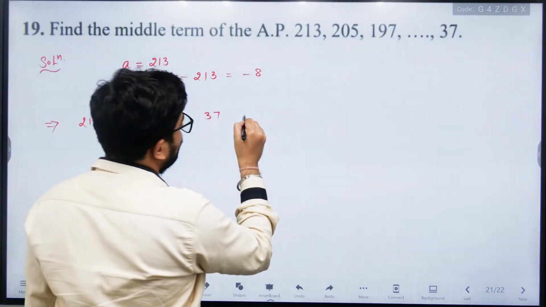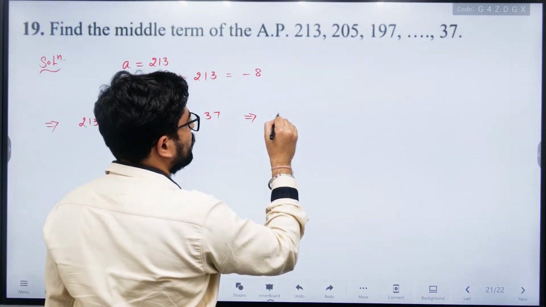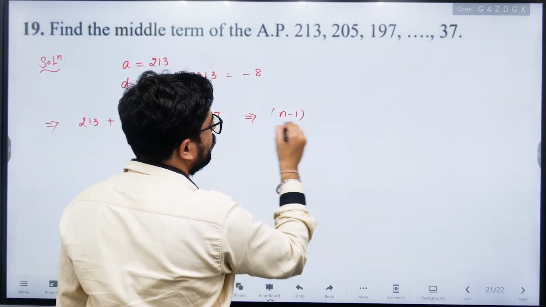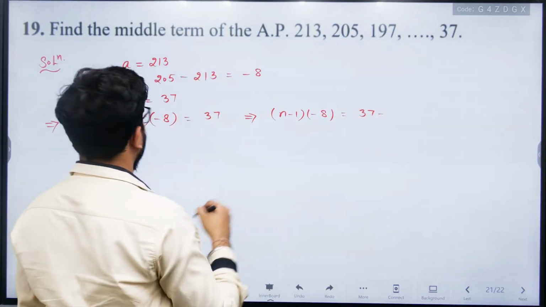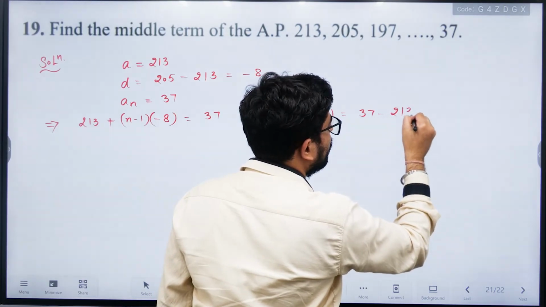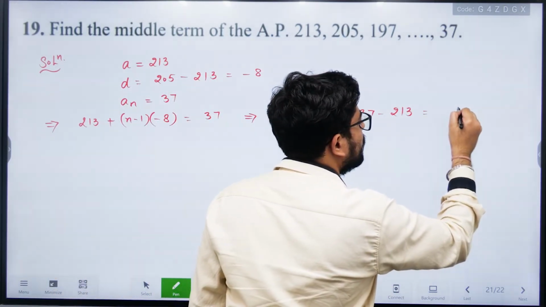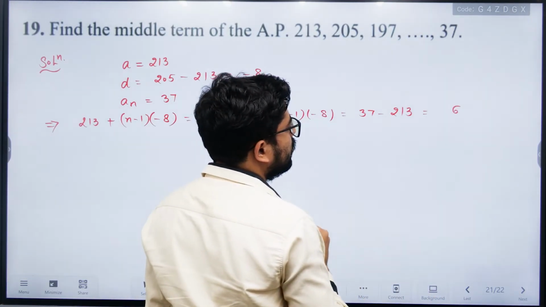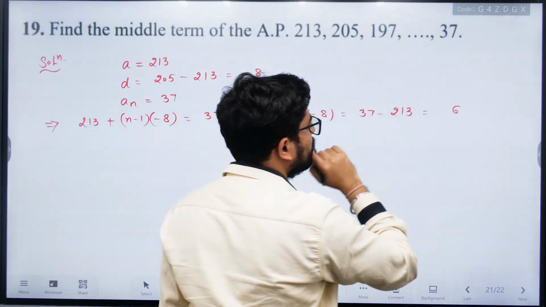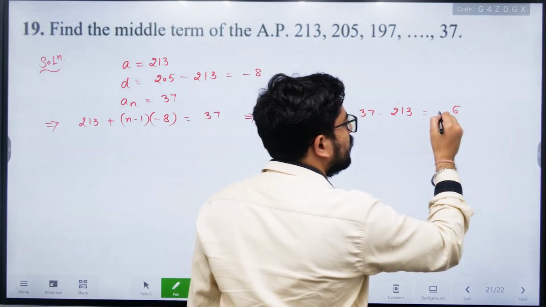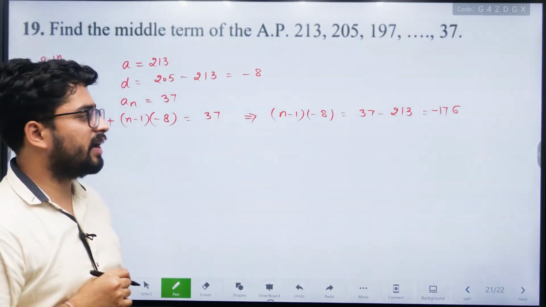When you simplify it, (n minus 1) into minus 8 is equal to 37 minus 213, which is equal to minus 176.